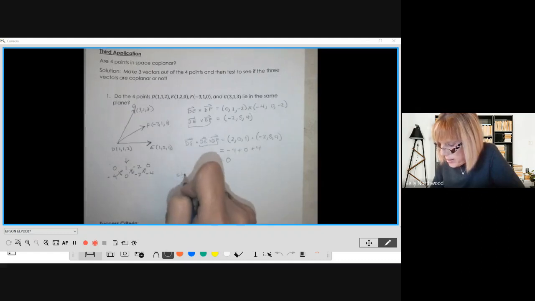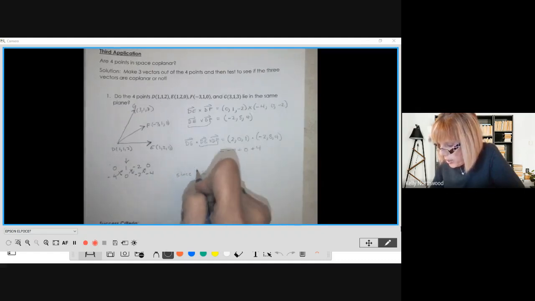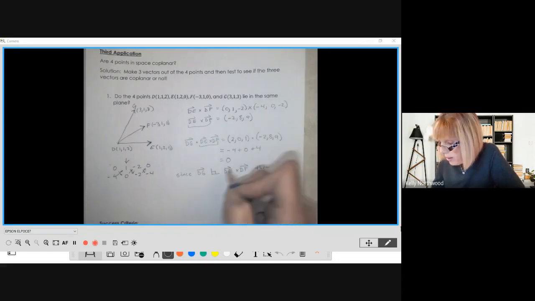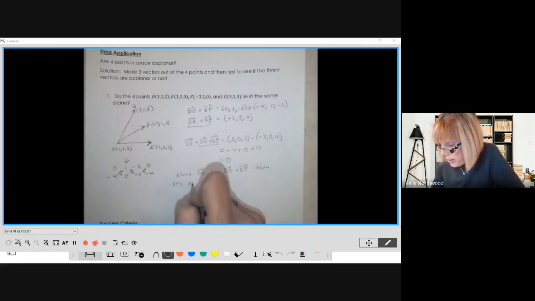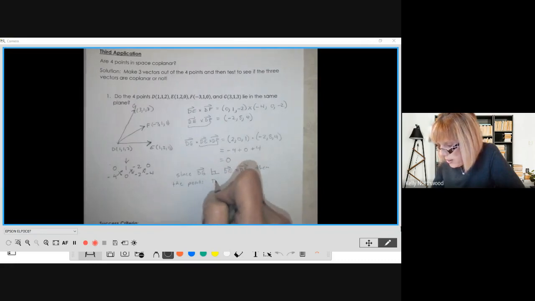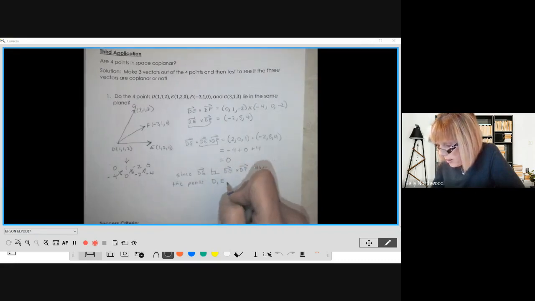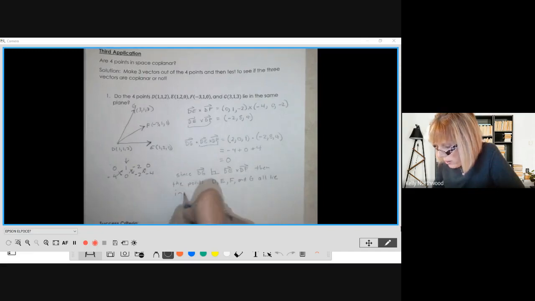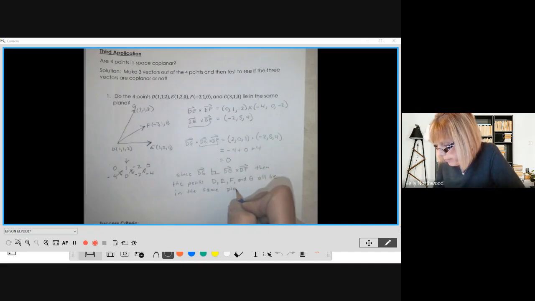So we can say since DG is perpendicular to DE cross DF, then the points D, E, F, and G all lie in the same plane, or are all coplanar.